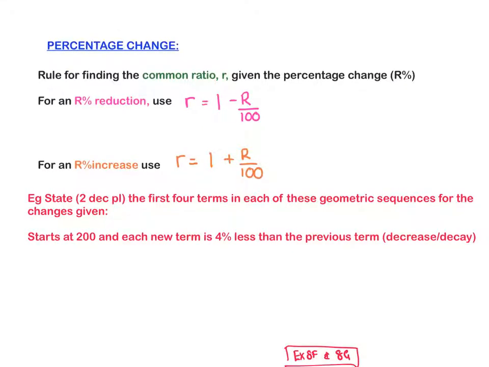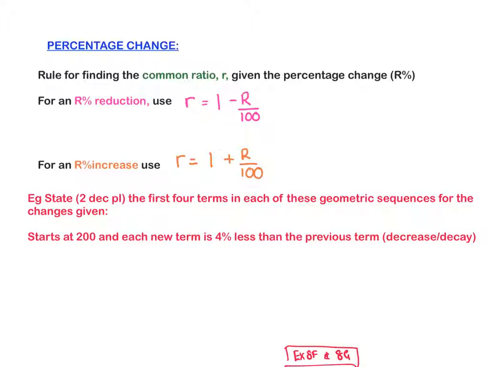So when you are finding the rule for the common ratio given a percentage, so say instead of saying we're going to times every term by 2, we might say it's going to decrease by 20% every time, or we might say it increases by 20%.